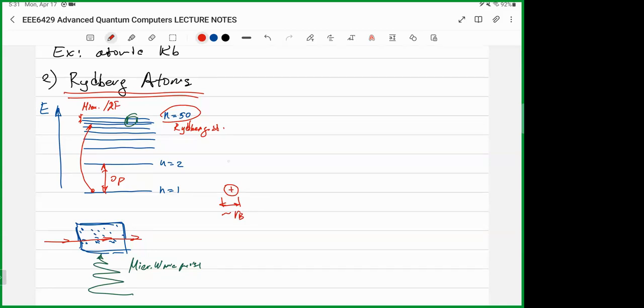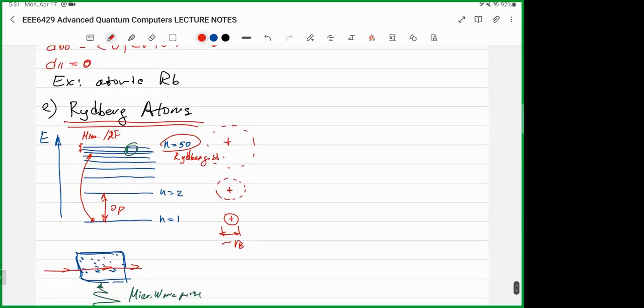But when we excite the atom to the excited state, the electron cloud becomes more expanded. So the atom effectively becomes larger, and if we excite the atom to the Rydberg state, the atom would be effectively very large.